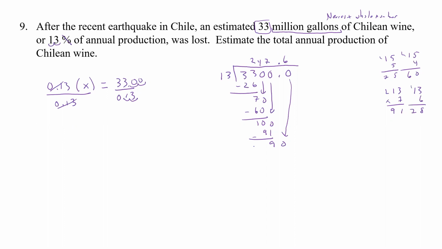Subtract that off to make sure. That's a 2, 12, so that's less than. So that makes sense for our answer here, and that lets us be able to round up. And so what we have is 247.6, so that should round up to 248.